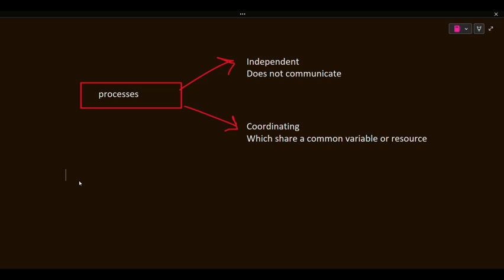Sometimes it can also cause deadlock. So, to prevent the operating system from these problems, we use the concept of synchronization.